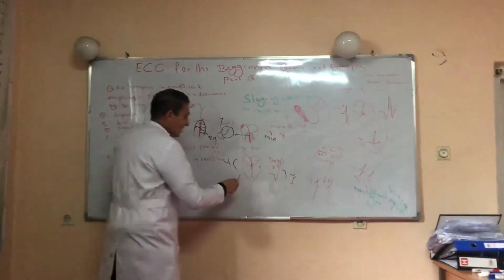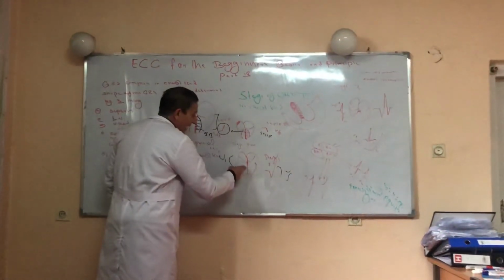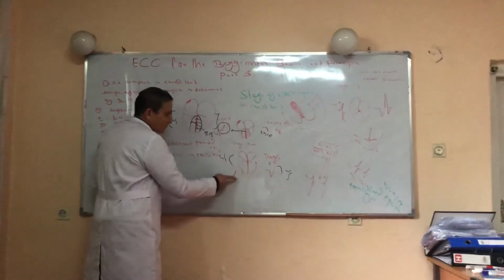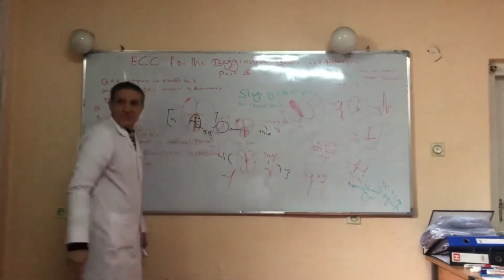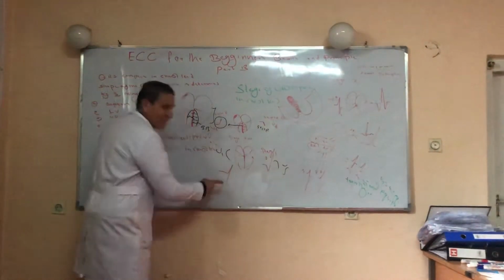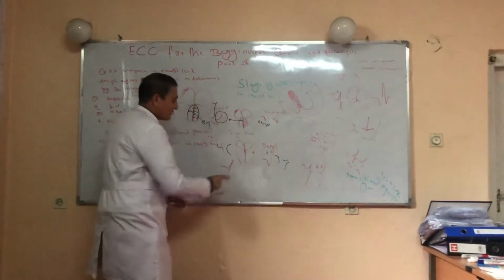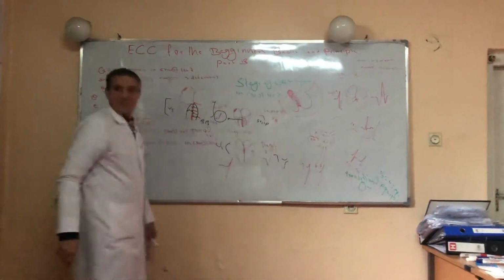In the second stage, after septal ventricular depolarization, the electrical impulse goes to the right ventricle, and from the right ventricle it moves away from V1 and toward V6. So in the QRS complex, lead V1 produces a negative deflection called S wave, but on the opposite side they produce a positive deflection called R wave.